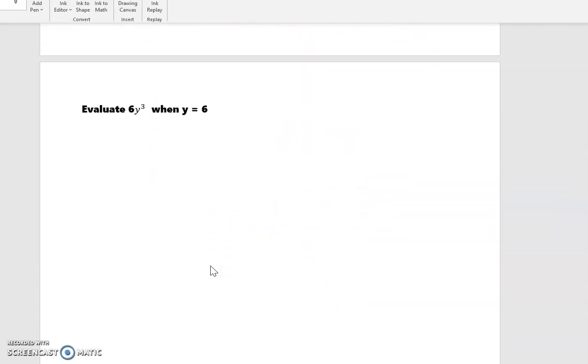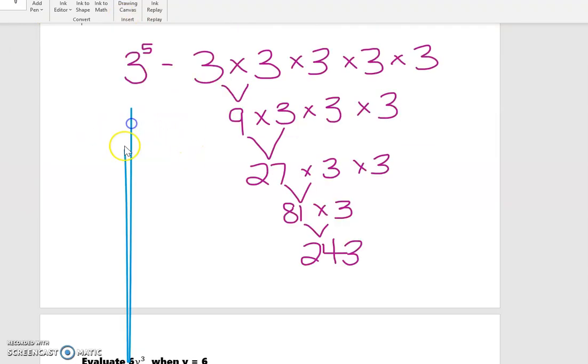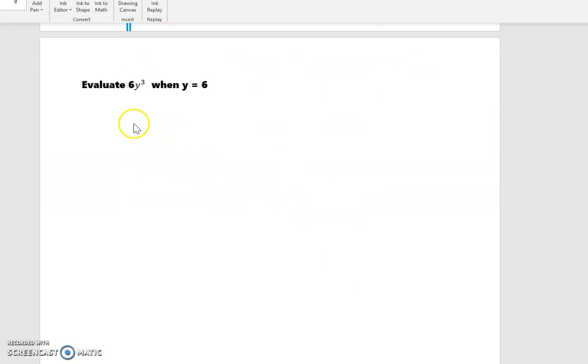As we progress into slightly more difficult problems, again, I'm going to replace the y here with a 6. And in doing so, I'm going to put my y in parentheses. And this will help remind me that I need to do 2 steps in this problem.